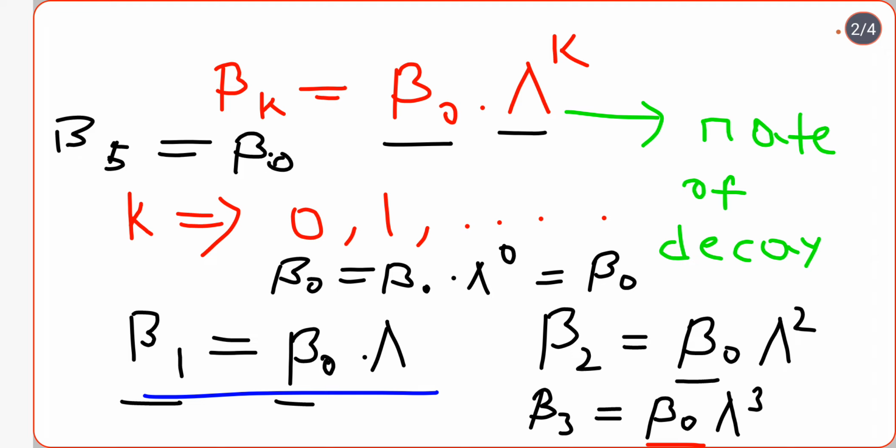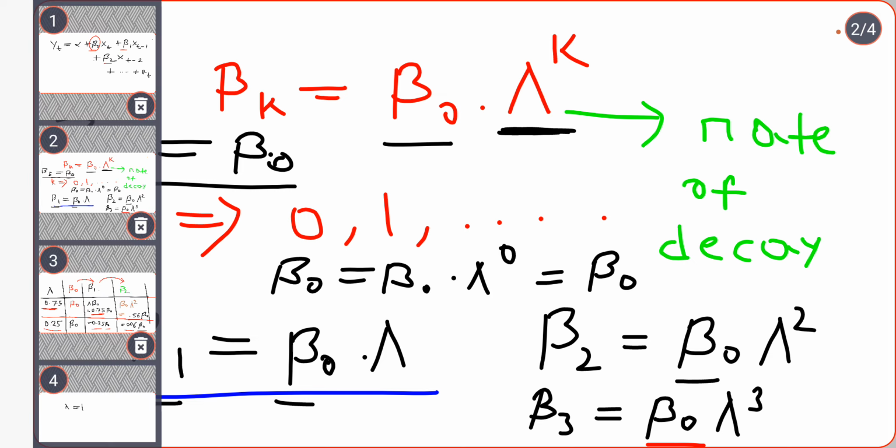So beta 5 has not changed a lot. I mean beta 5 hasn't decreased, or the rate of decay is very low. It hasn't decayed a single unit. There is no difference between beta 5 and beta 0 if lambda equals 1, right?